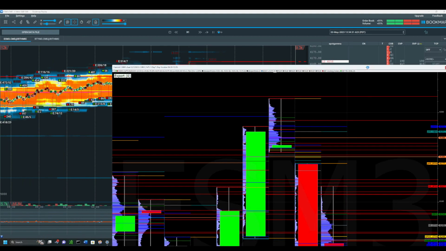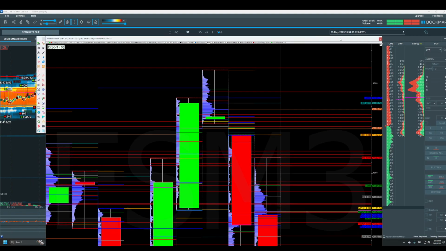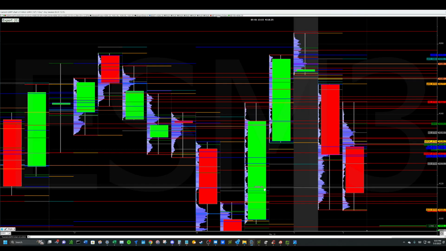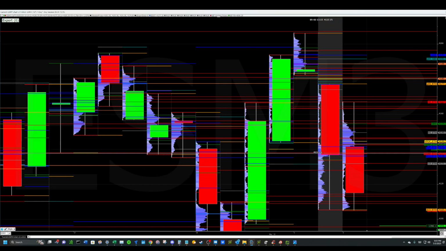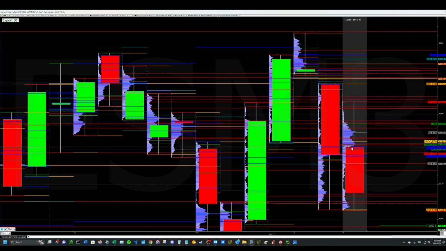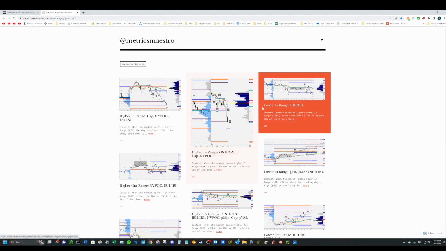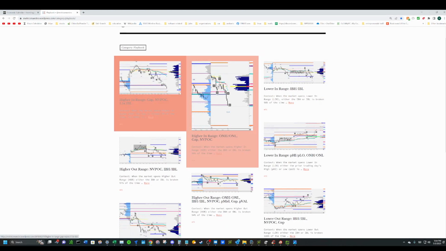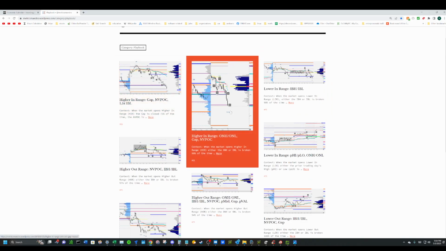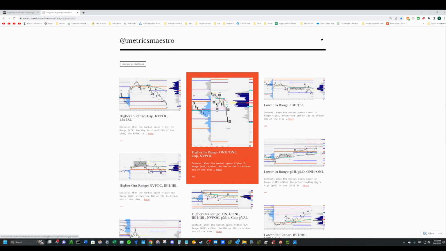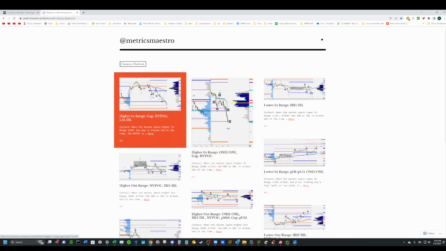Bring this over to my higher time frame view, and we look here. We opened inside yesterday's range, so I'm going to go to this now. We have two of these higher in range, and it's hard to say which one of these it is.